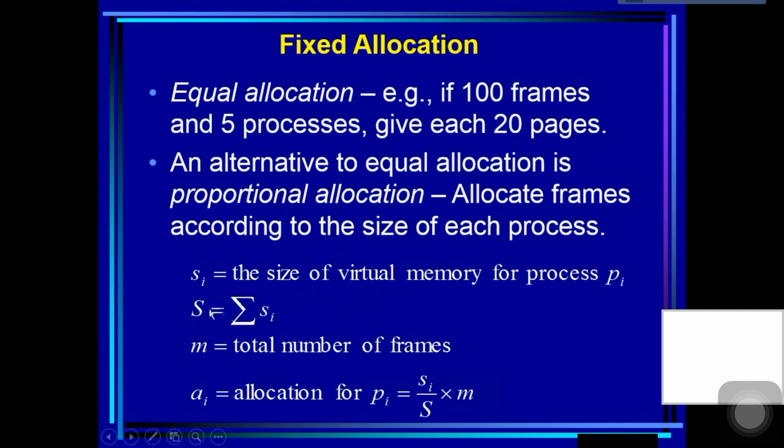M is the total number of frames. So allocate for each process ai physical frames by using this formula. This is proportional allocation.